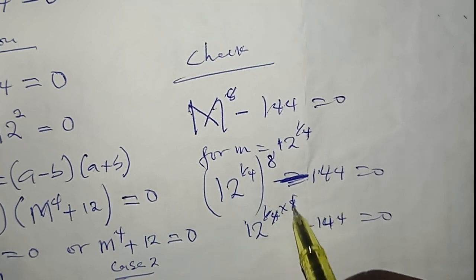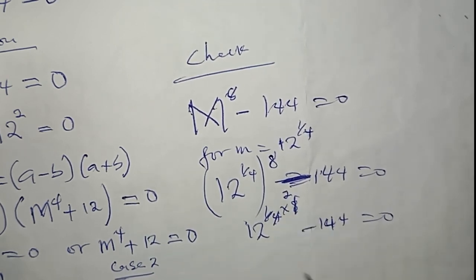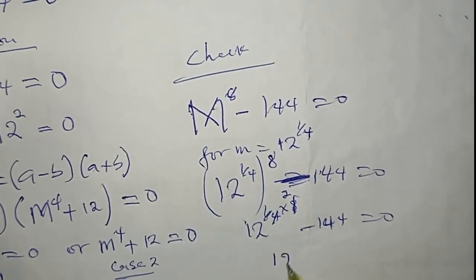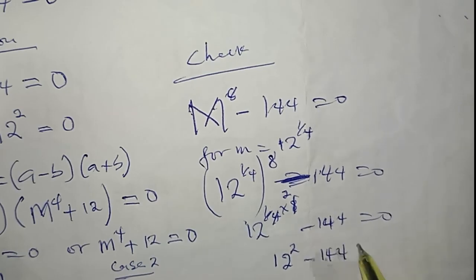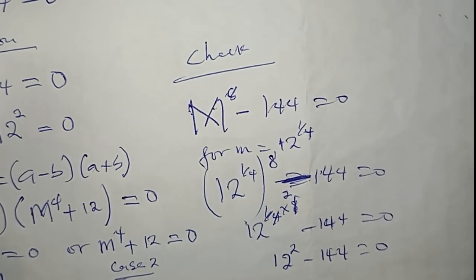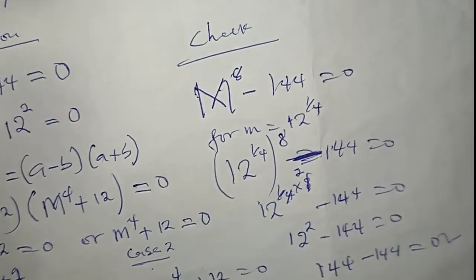This can cancel this, and 4 divided by itself is 1, 4 divided into 8 is 2, so I have 12 power 2 minus 144 is equal to 0, and obviously 12 power 2 is 144, minus 144, and of course you can see it satisfies, is equal to 0.